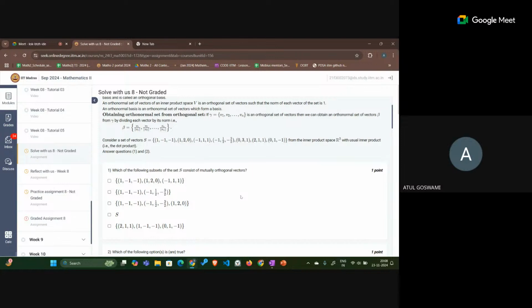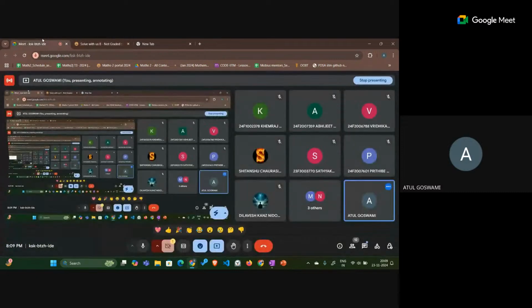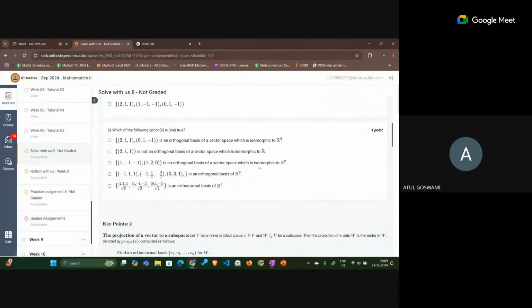For all combinations of two vectors, if we take the dot product between them, we'll get zero. Anyone who has a doubt in question number one? No, sir. Okay, if anyone has any doubt, just ask, otherwise I'll move on to the next question. Everyone solve question number two.